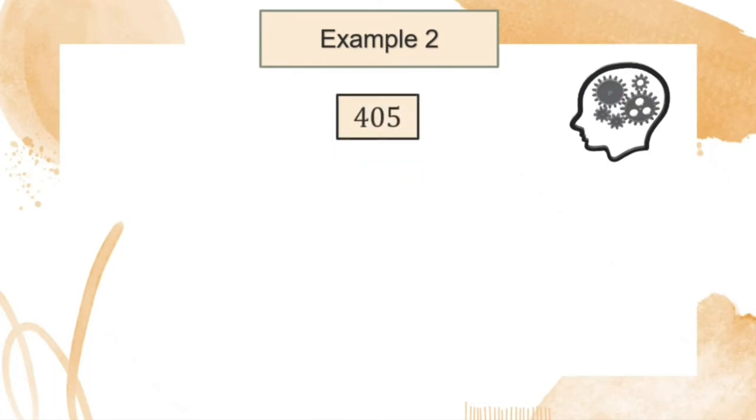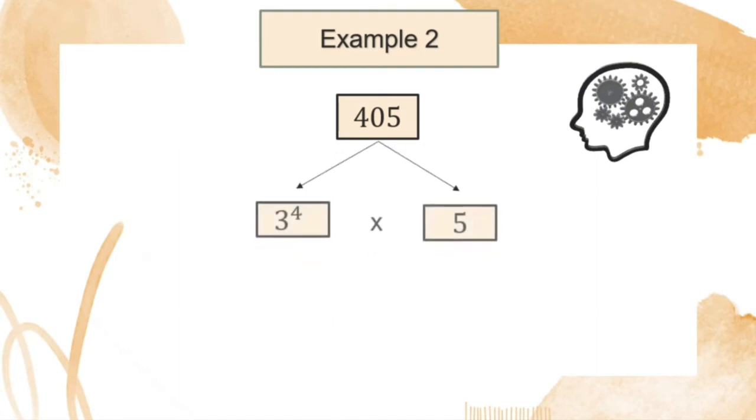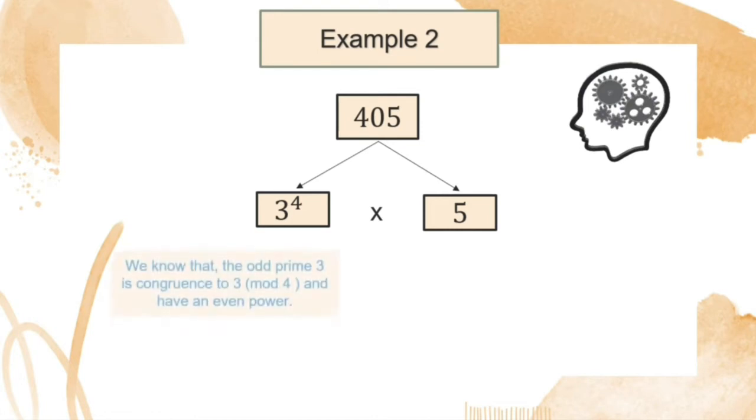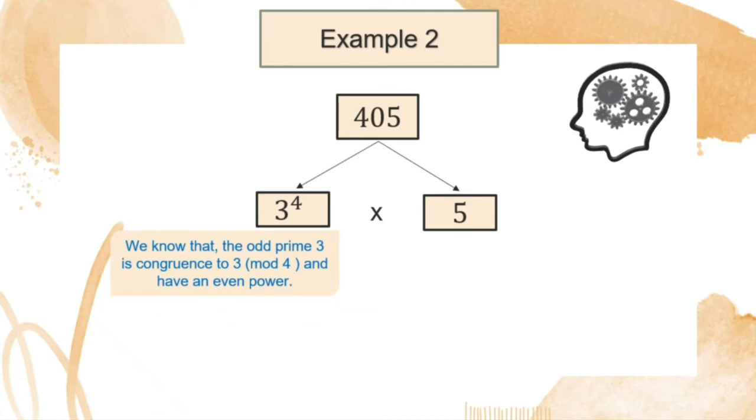Example number 2. Number 405. 405 can be expressed as 3 to the power of 4 times 5. We know that the odd prime 3 is congruent to 3 mod 4 and has an even power.